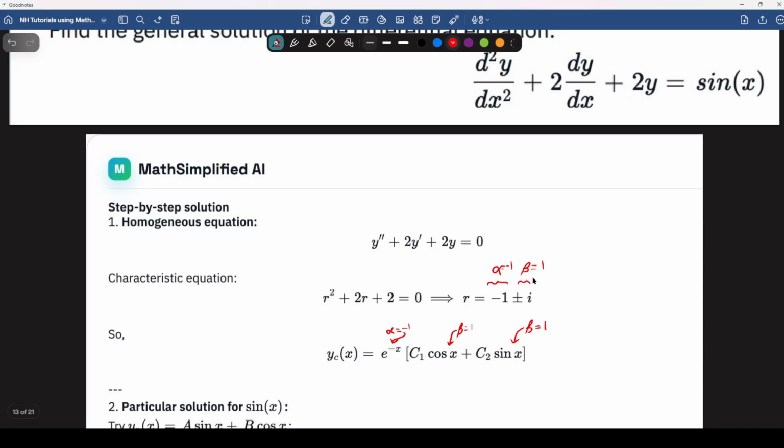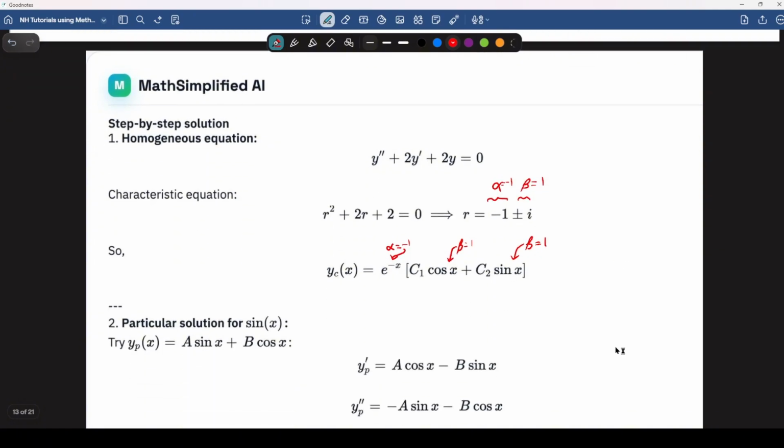So our beta in this case is 1, with sine 1x and cos 1x.